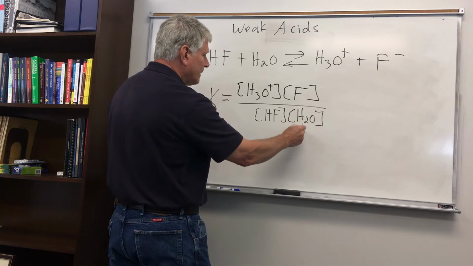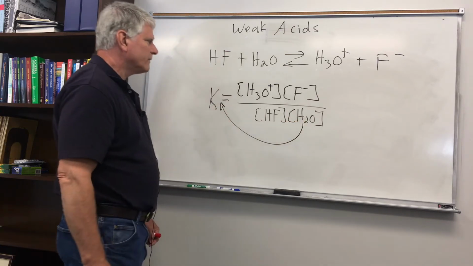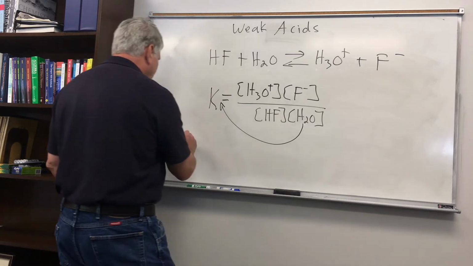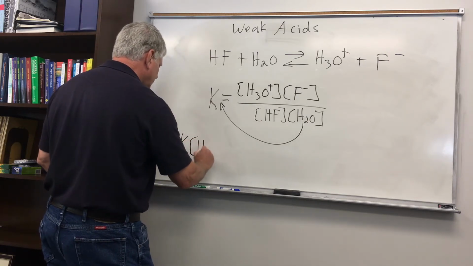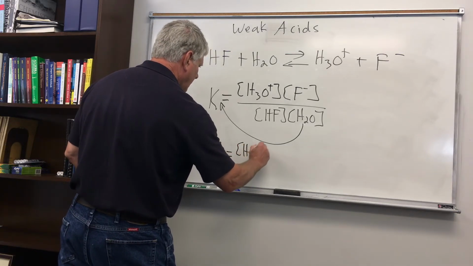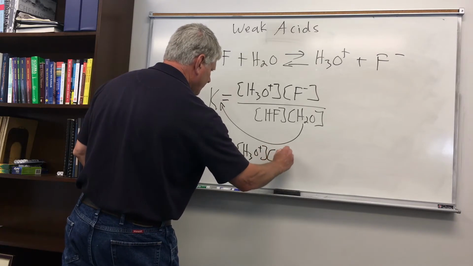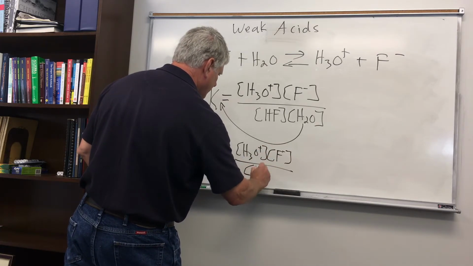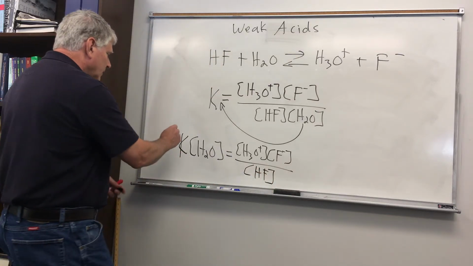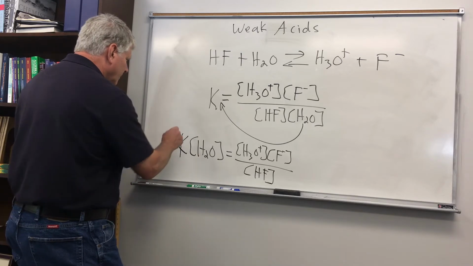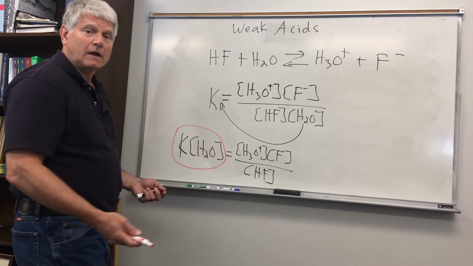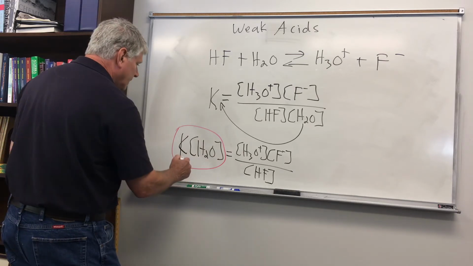And so we can take the concentration of water to the left side of the equation, and then we can combine K times the concentration of water, which is a constant because it's a pure liquid.